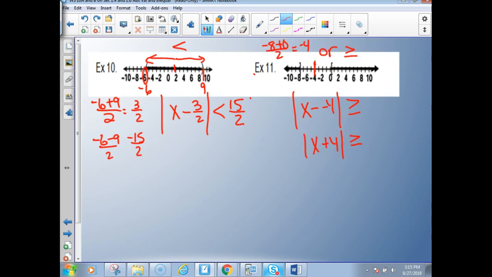Okay, and then how far is it from here to here? 4 units. Okay, check it out. If we subtract 4, do we get 0? Yes. If we change that to negative 4 and subtract 4, do we get negative 8? Yeah, we're good. All right, that would be the equation for this one.